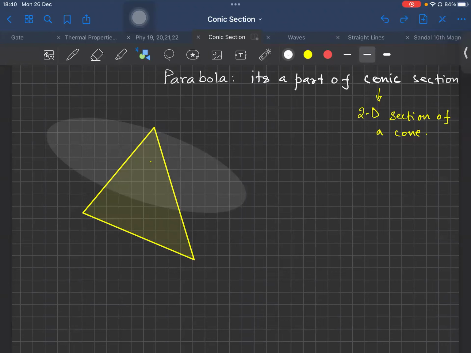Just give me a moment, somehow I'm not able to get this diagram. Okay, just imagine we slice the cone in this manner, on this plane.